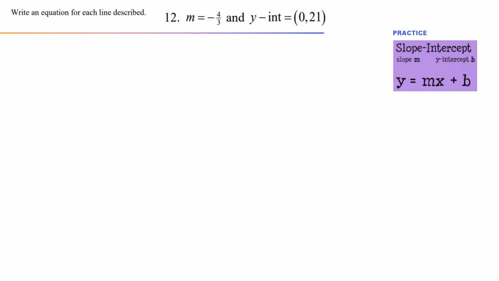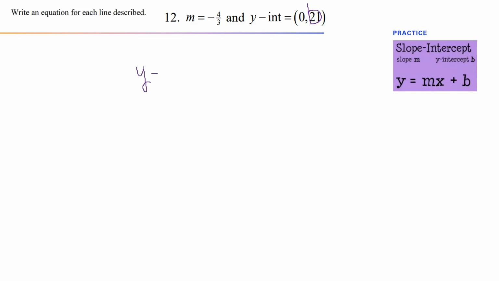Alright, for number 12, it will be the same. They give m equals negative 4 over 3, and the y-intercept (0, 21). So our b value will be 21, right?